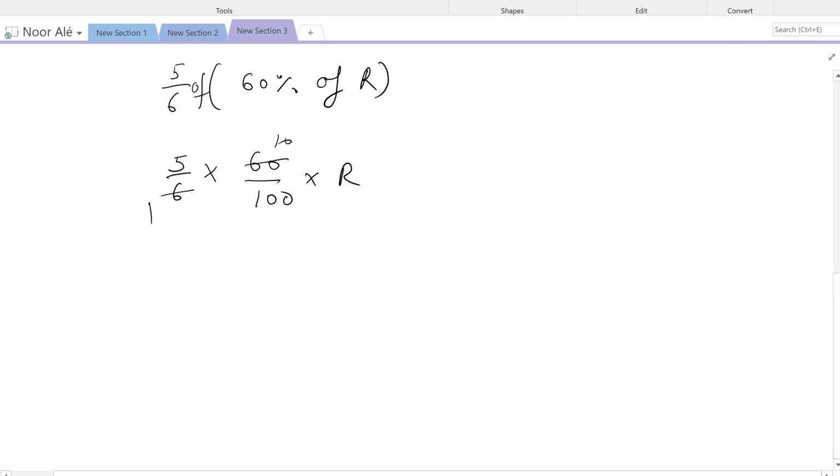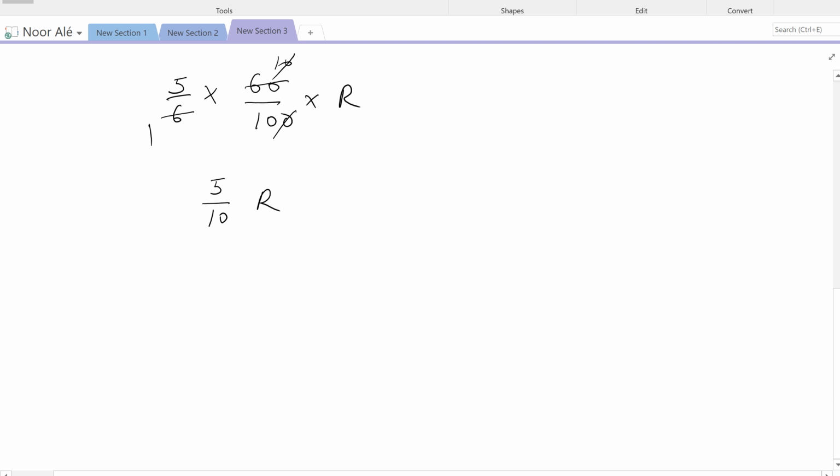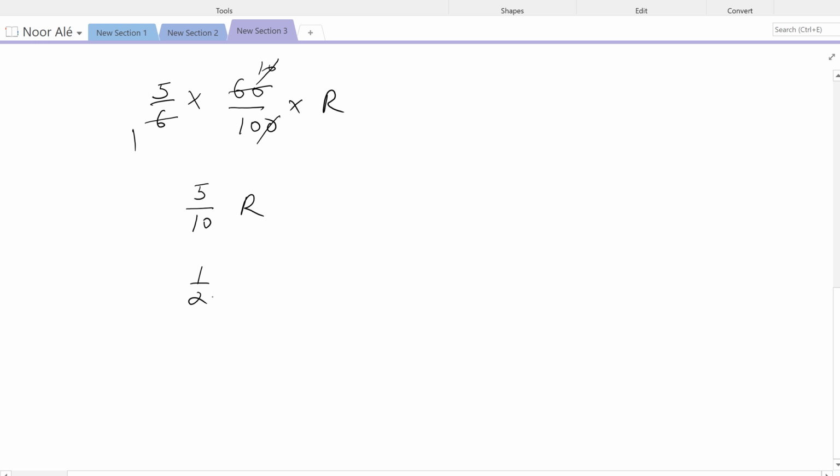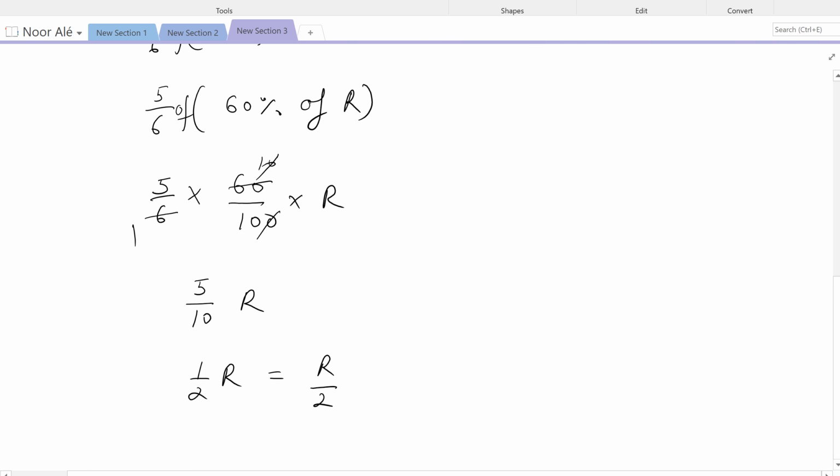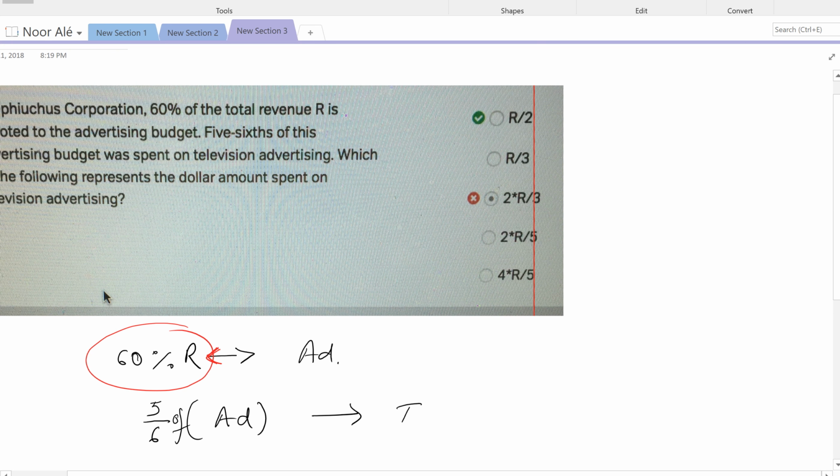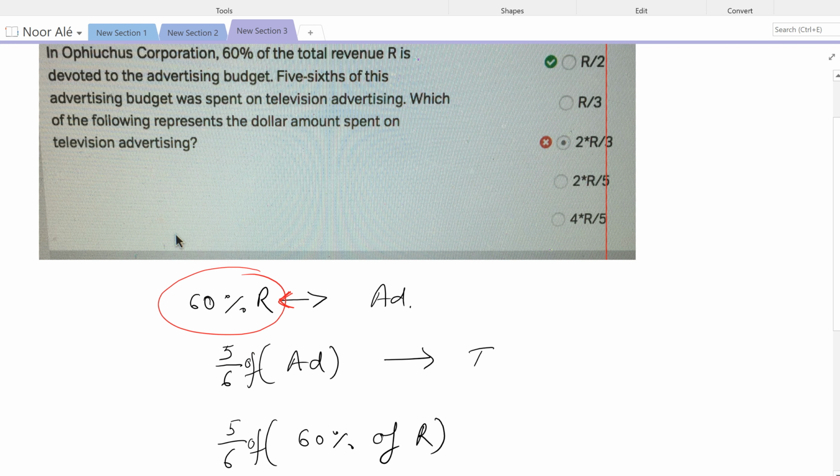So you multiply 5 and 10, or simply cancel one of the zeros, so 10 is cancelled out by the bottom. So we have 5/10 of R. 5 out of 10 means 1/2. So R/2 is the answer: half of the revenue was spent.